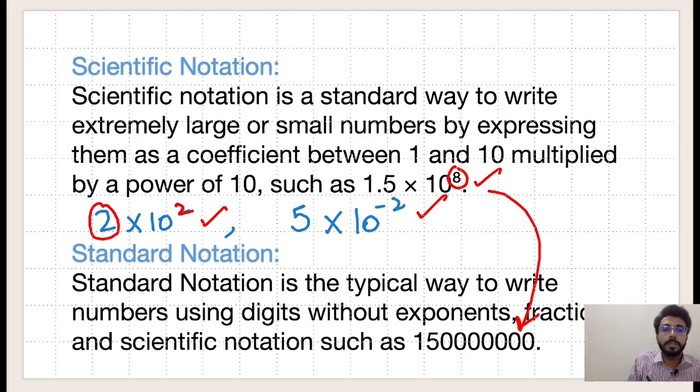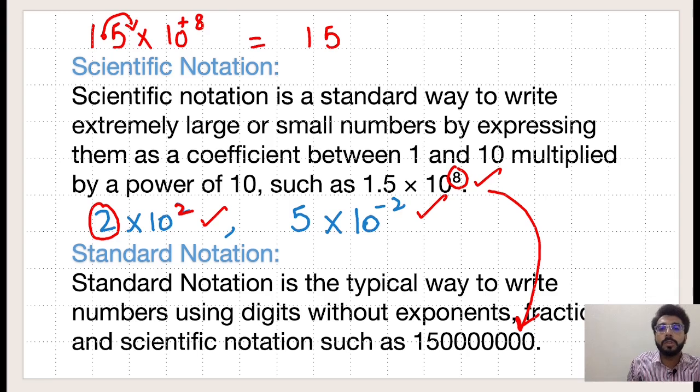So let's write this scientific notation, 1.5 into 10 to the power positive 8. We write this in standard form by moving the decimal point toward the right side. How many digits? 8 digits we have to move the decimal point toward the right.